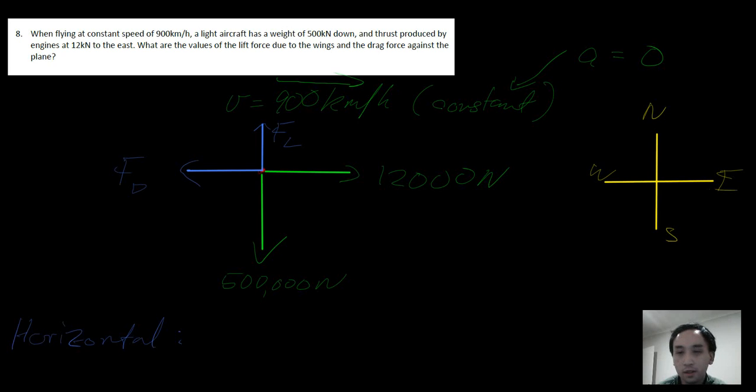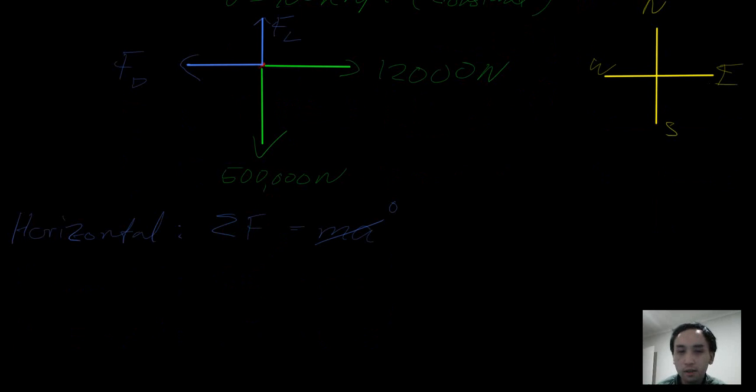So this means our acceleration in the horizontal direction is 0. So recall that the net force is equal to mass times acceleration. However, this is all equal to 0 because acceleration is 0.